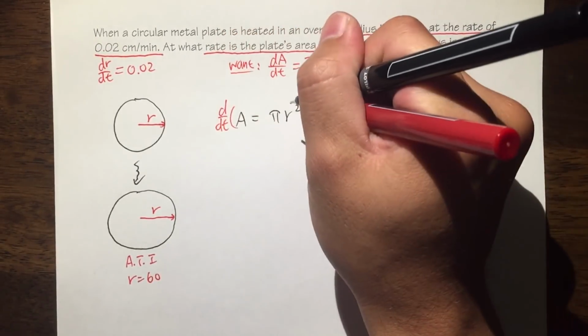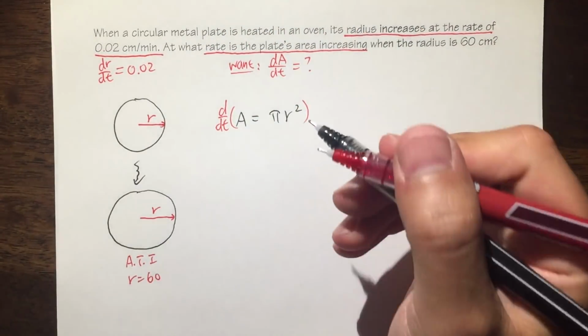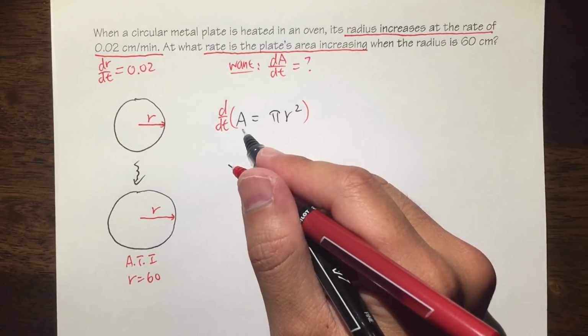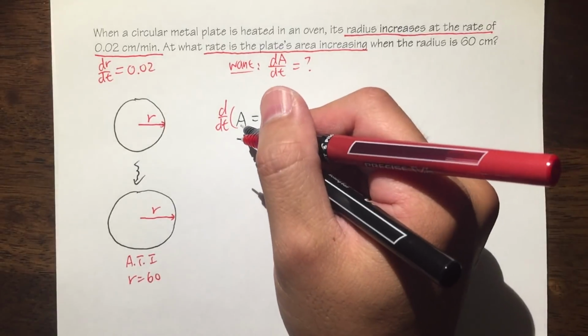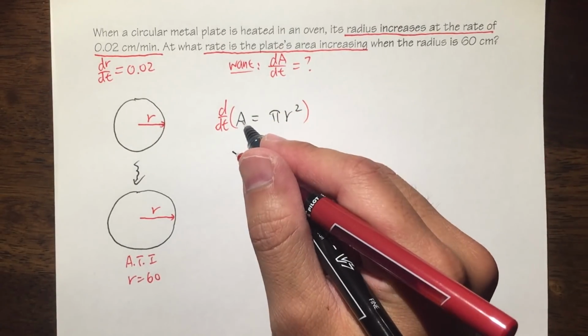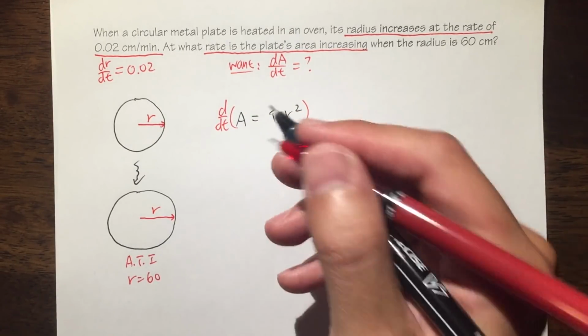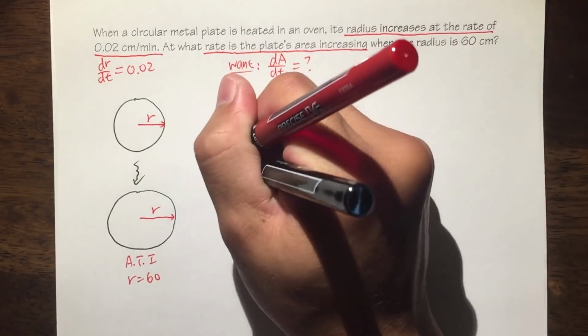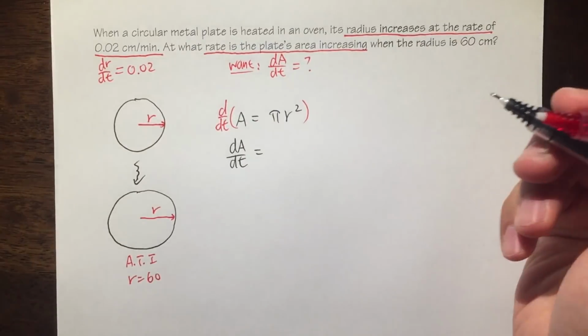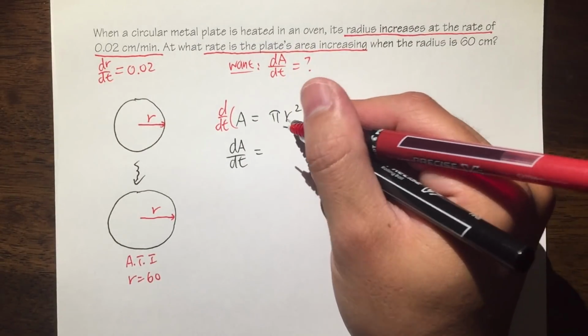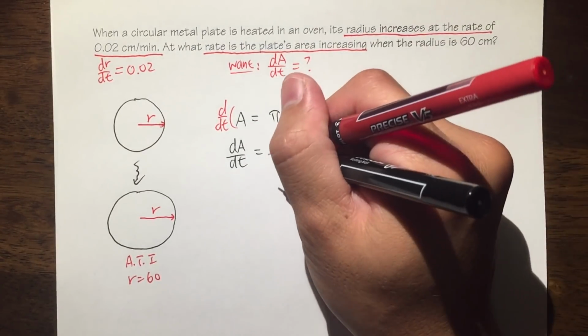Let me put down d dt like this. You just have to remember both A and r are functions of time. Therefore, on the left hand side, when you're differentiating A with respect to t, you get dA dt. And then on the right hand side, pi is just a constant multiple, so pi pretty much stays.